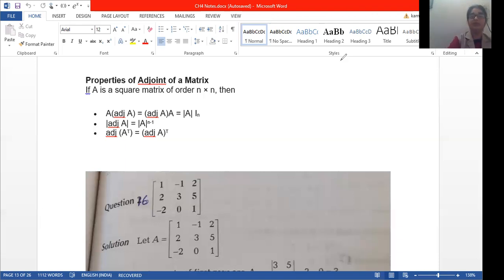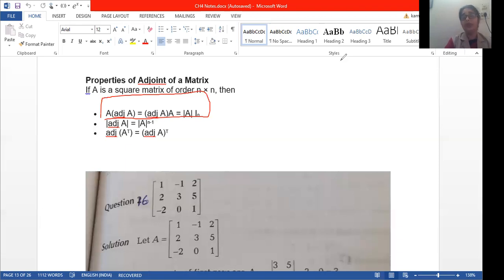Now in the question which we'll do tomorrow, we'll prove this property: A into adjoint of A is equal to adjoint of A into A, which is equal to determinant of A into I to the power of n. Is that clear? So please do each and every question.